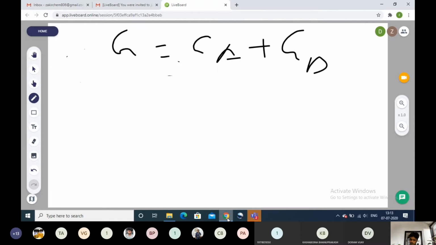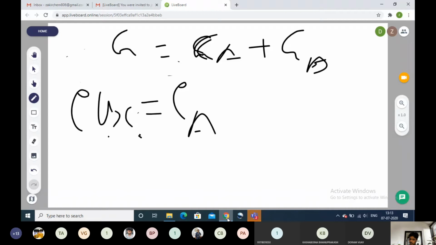So G is equal to rho into, for the x component we are writing, so vector velocity is in x direction. Rho into ux is equal to, for Ga, mass velocity of component A plus component B. For GA, we can write it as rho A into UAX.